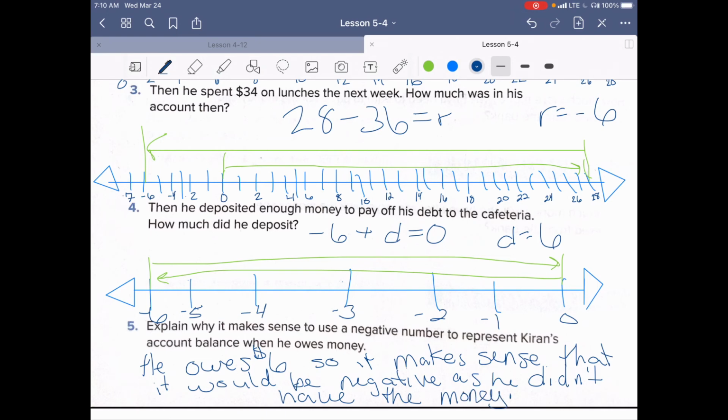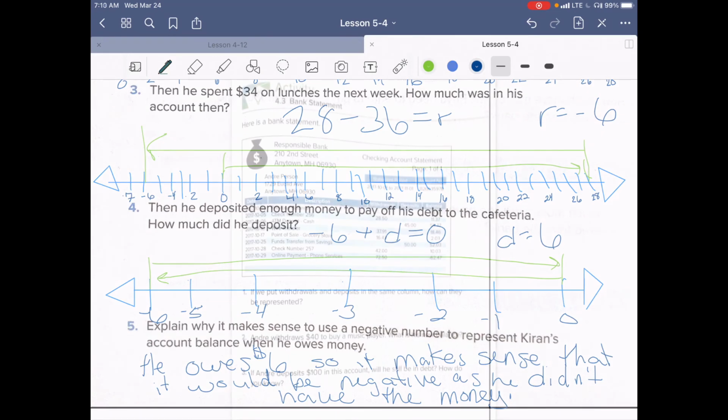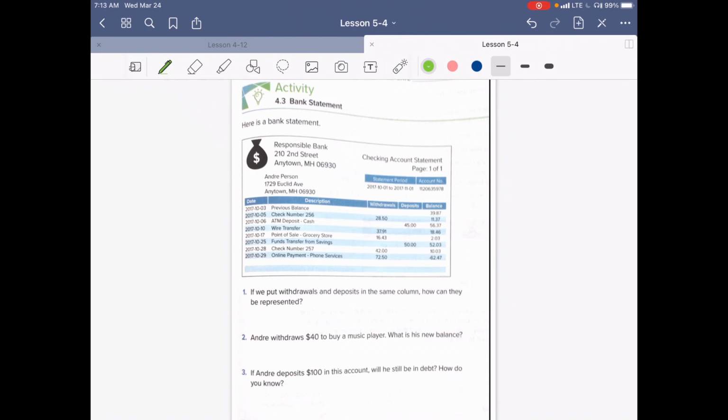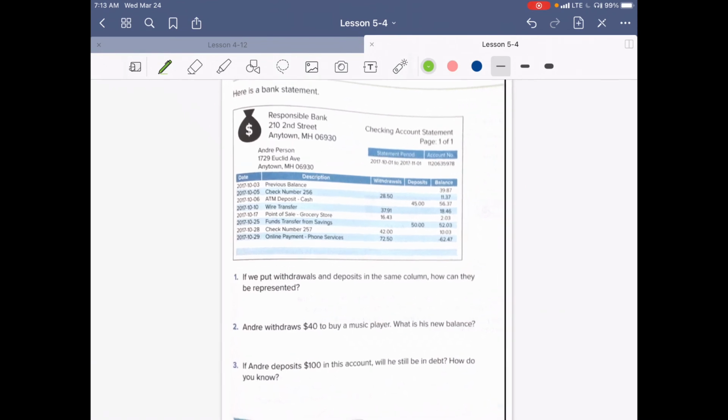All right, so he owes $6, so it makes sense that it would be negative as he didn't have the money.